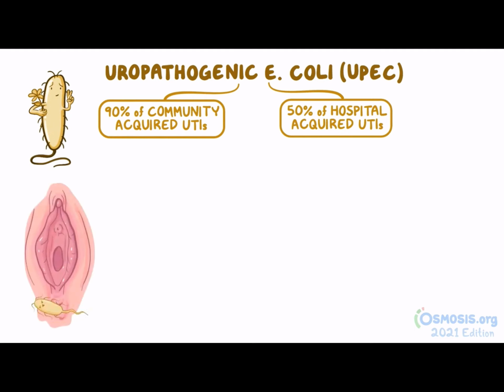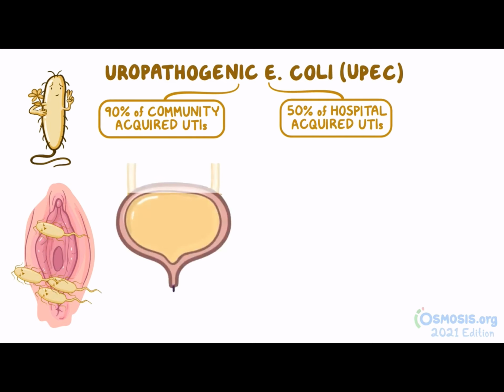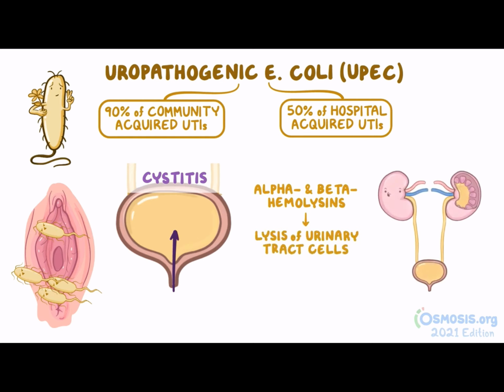However, if they get out of the colon, like following defecation, and colonize the perineum, they may ascend from the perineum and up the urethra and reach the urinary bladder, causing cystitis. On the urinary epithelium, these bacteria produce alpha and beta hemolysins, which cause lysis of urinary tract cells. They can also move up the ureters and infect the kidneys, causing pyelonephritis.